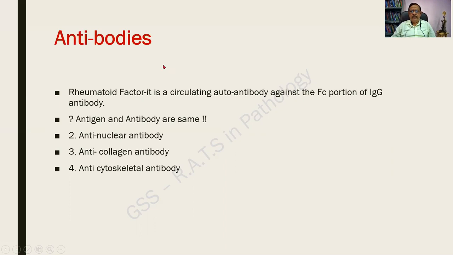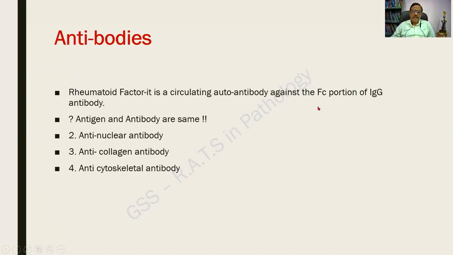Antibodies. An antibody is a substance that is produced when an antigen is introduced. But sometimes you find that there can be antibodies produced against our own cells. They are called autoantibodies. Rheumatoid factor is a circulating autoantibody. And there is a peculiar situation. You find that IgG is the usual antibody. There is an Fc portion of it.